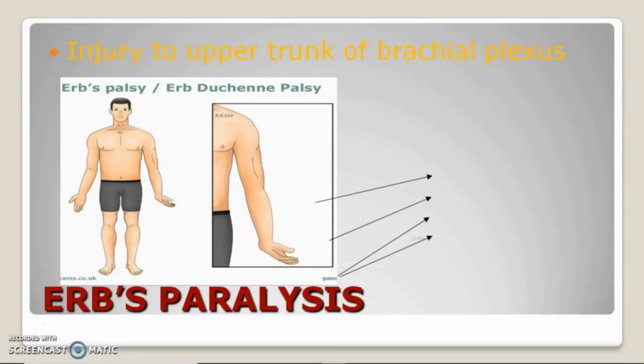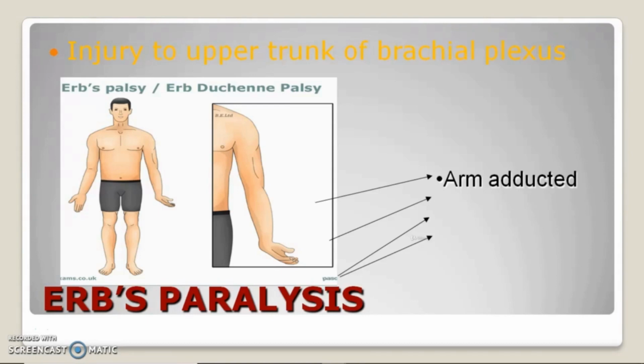And now we will move on to another clinical aspect, that is Erb's paralysis. You already know where Erb's point is present, where 6 nerves meet. Now injury to upper trunk of brachial plexus will lead to this paralysis called Erb's paralysis. What are the conditions we can make out here? Those are arm is adducted.